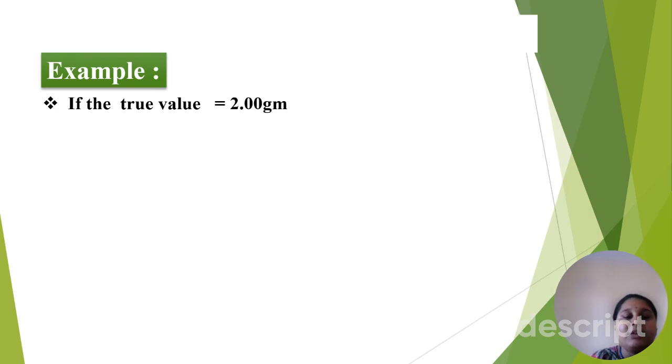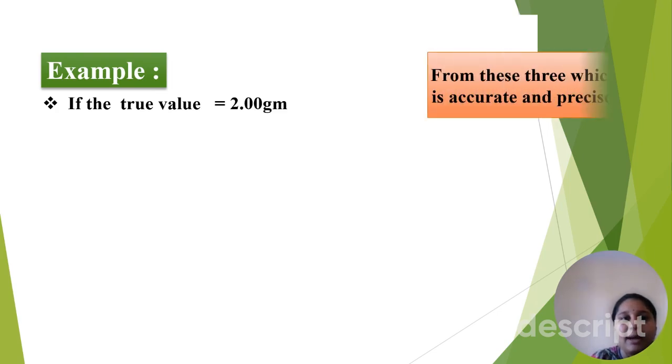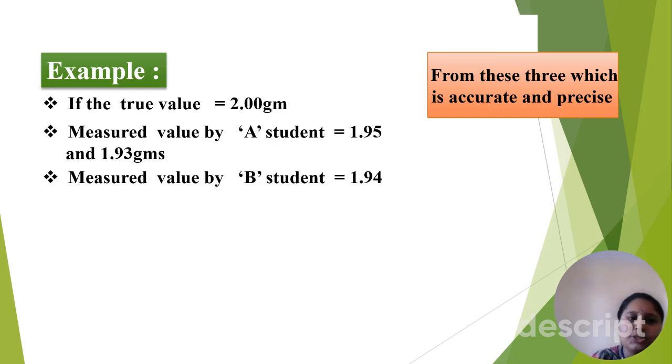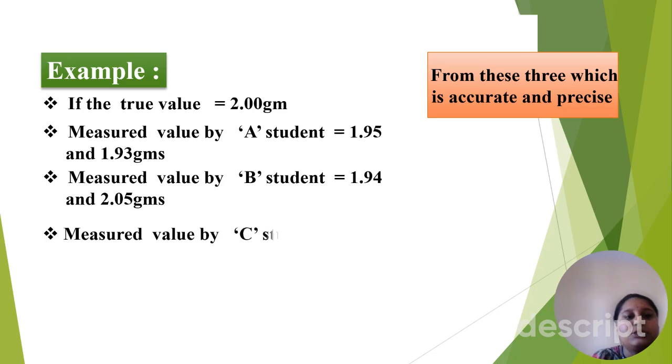So for example, if the true value is 2 gram, from these three, which is accurate? We have to calculate which is accurate and precise from the following example. If student A measures the values 1.95 and 1.93, student B 1.94 and 2.05, student C measures the values 2.01 and 1.99.